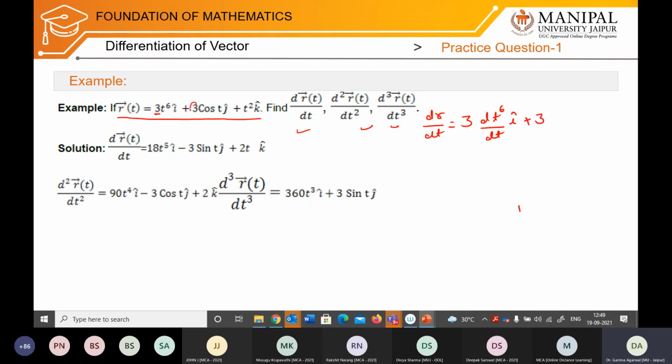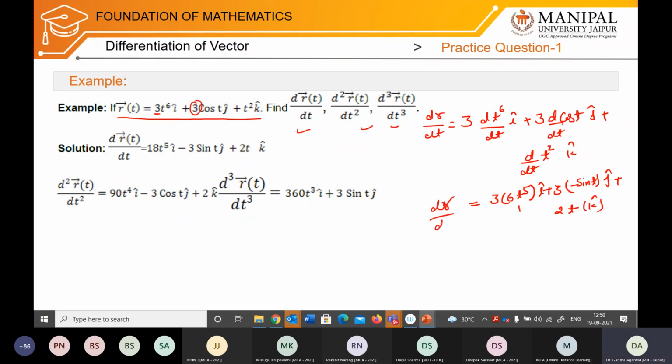Then again 3 times the differentiation of cos t, j cap remains unchanged. Then the differentiation of t square, and k cap remains unchanged. So the differentiation of t raised to 6 is 6t raised to 5, i cap, plus 3, differentiation of cos t is minus sin t, j cap, and differentiation of t square is 2t, k cap.